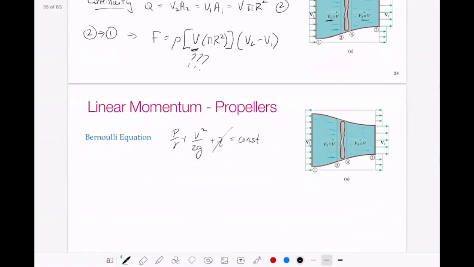If we did this from point 1 to point 3, along a streamline for a particle from point 1 to point 3, Bernoulli's equation would just be V1 squared over 2g is equal to the pressure at point 3 over gamma plus V3 squared over 2g.